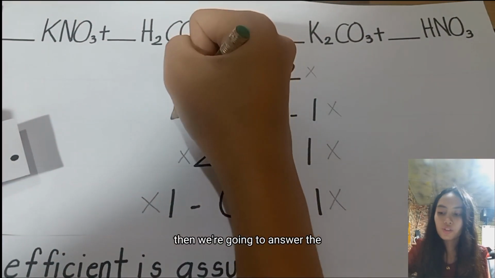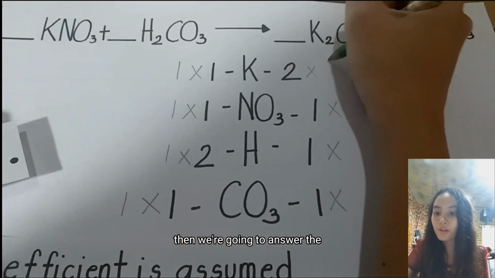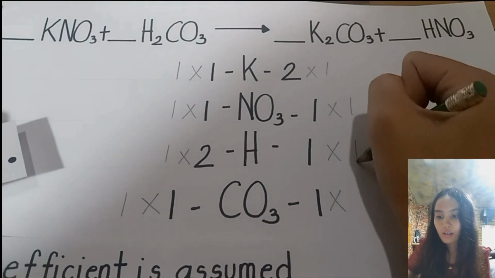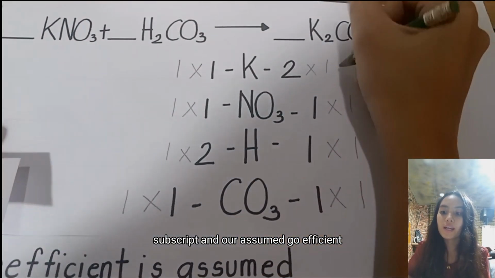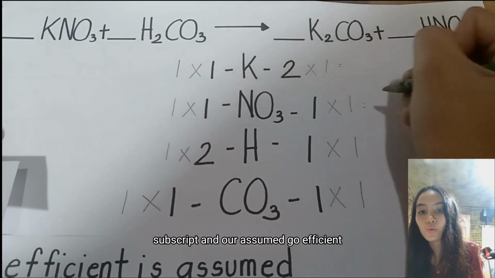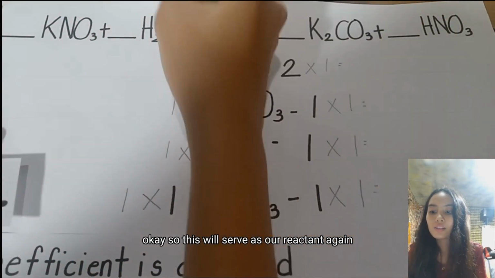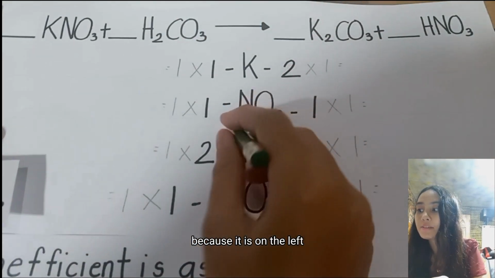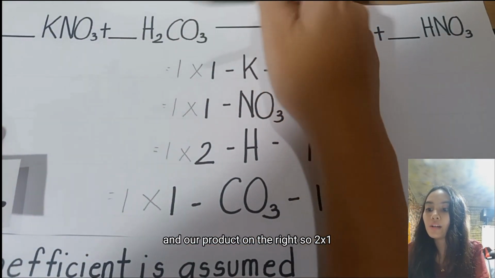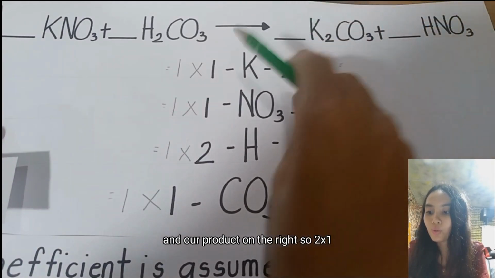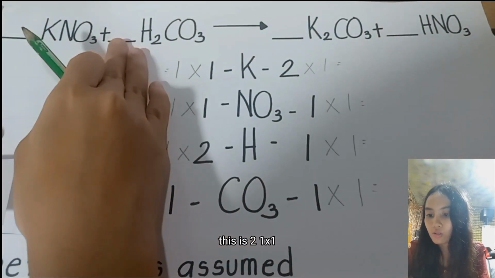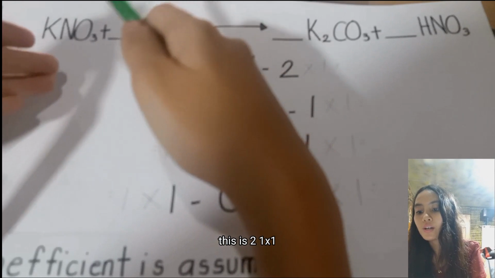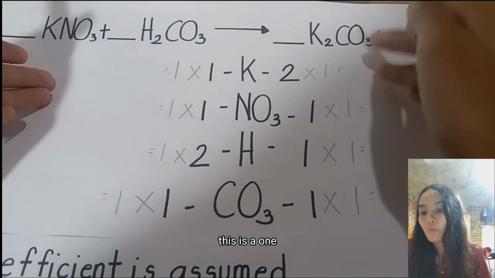Then we're going to multiply the subscript and our assumed coefficient. This will serve as our reactant because it is on the left, and our product on the right. So 2 times 1, this is 2. 1 times 1, this is 1.